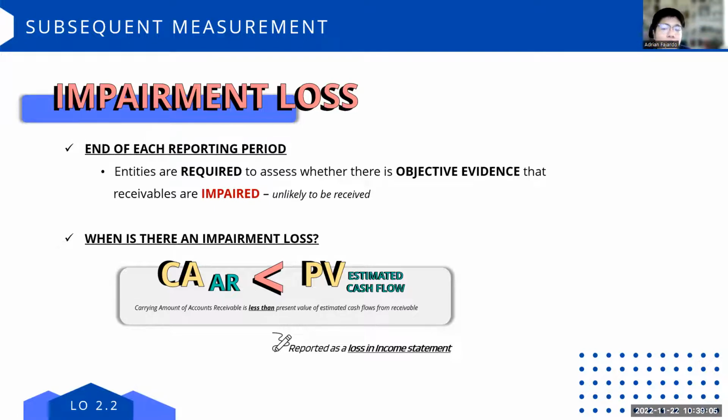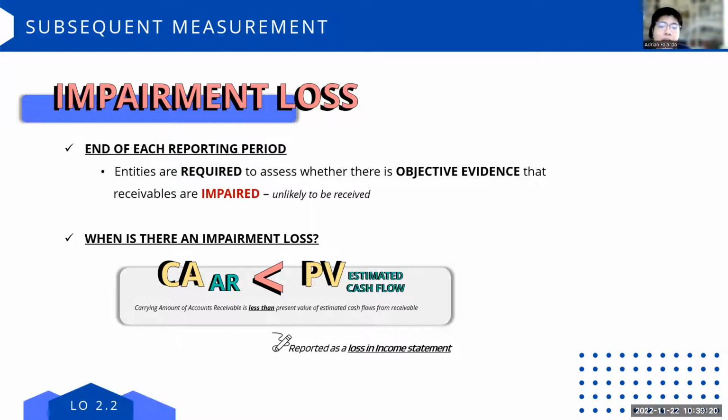So when do we have an impairment loss? When the carrying amount of your AR is less than the present value of your estimated cash flows, then you will report a loss in the income statement.